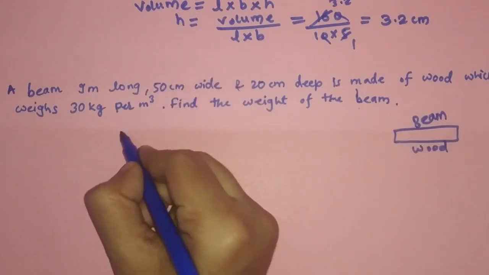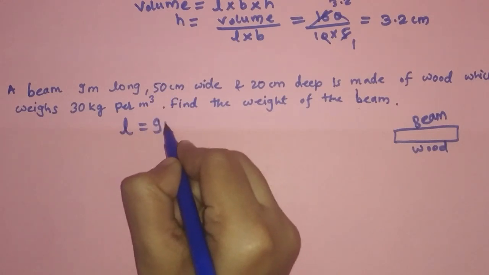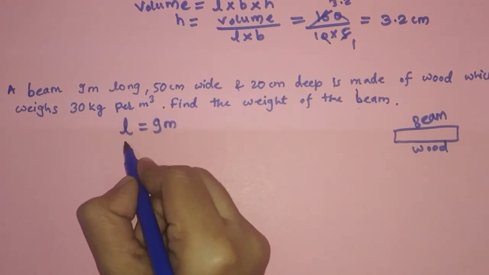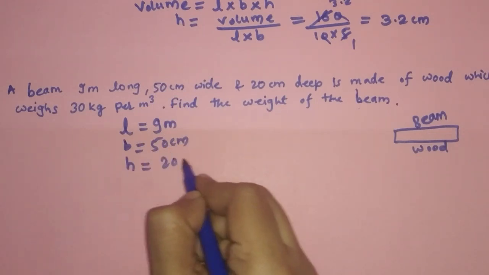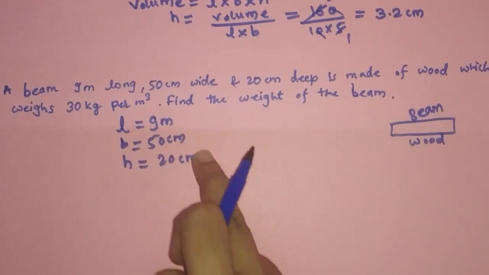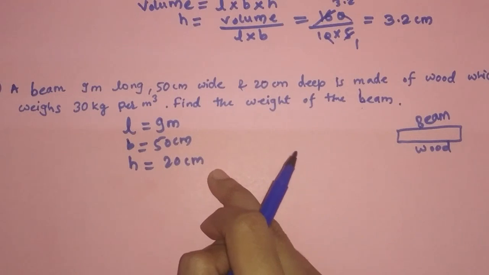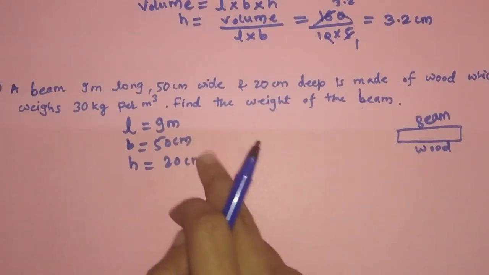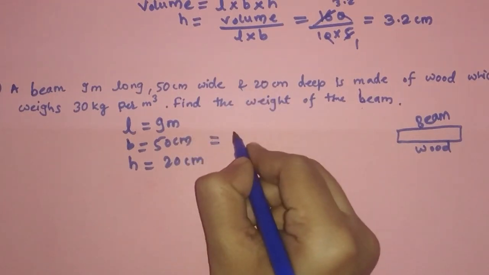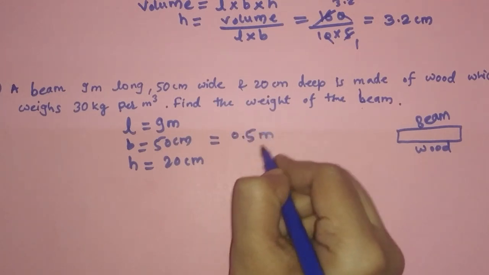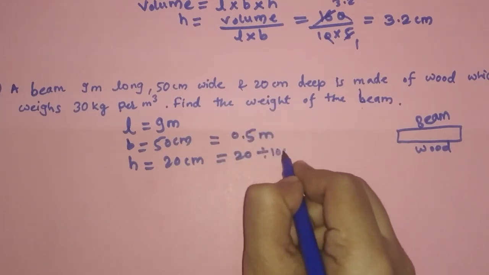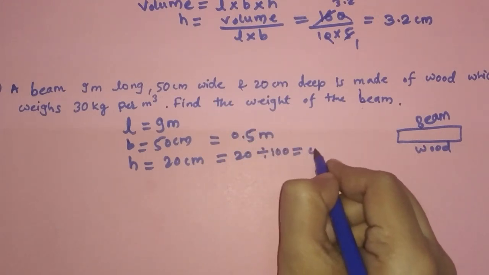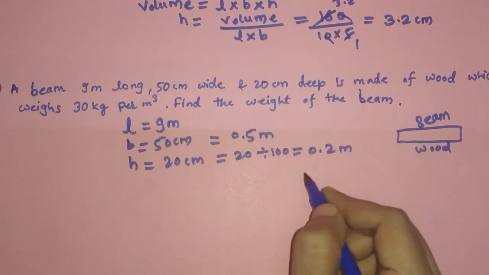So its length is given as 9 meter, its breadth as 50 centimeter, and height as 20 centimeter. Here the dimensions are not in similar units, so we'll convert these two also into meters. So 50 centimeter is what? 0.5 meter, and 20 centimeter is 20 divided by 100, so we'll get 0.2 meter.